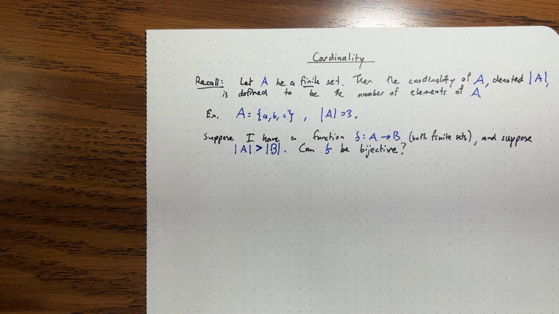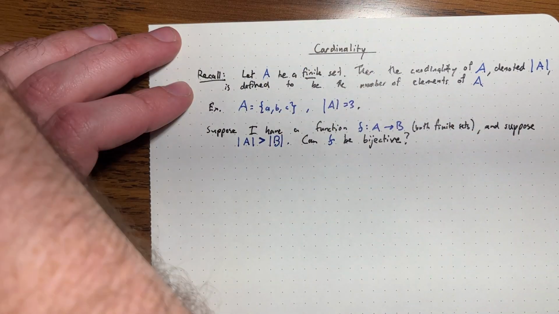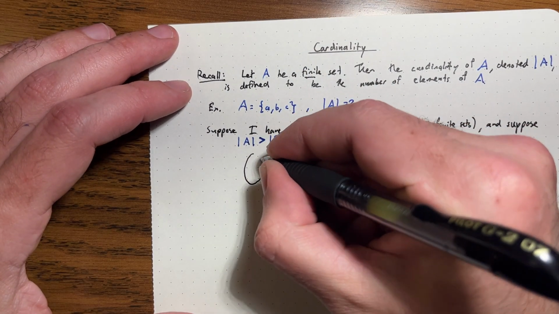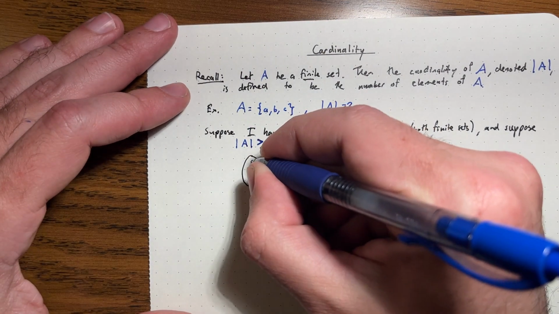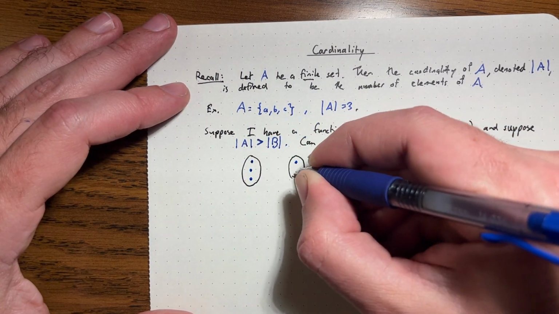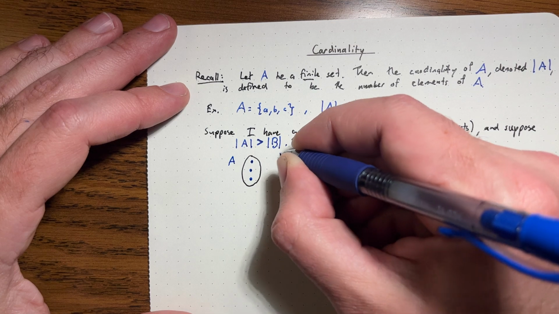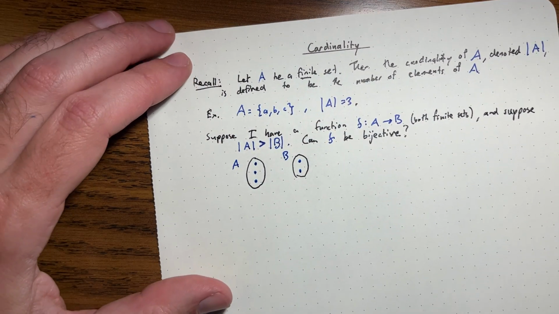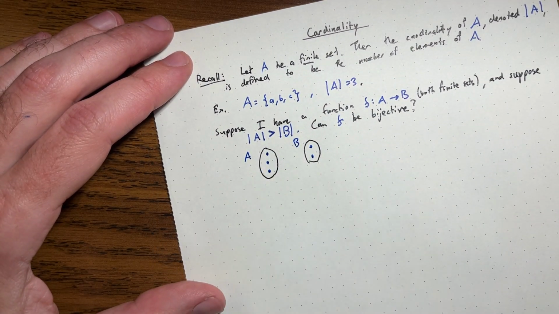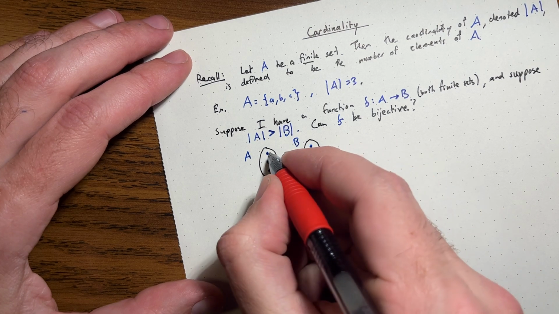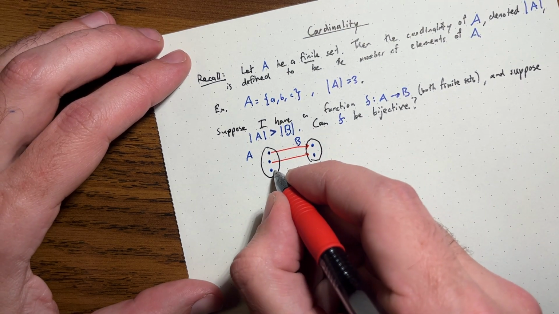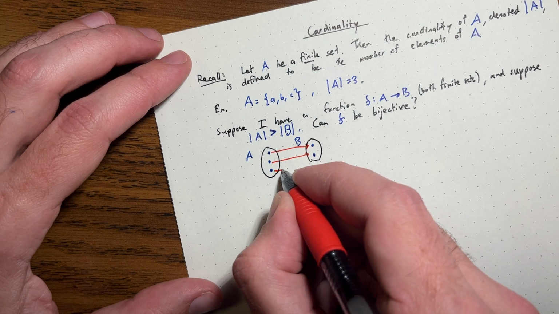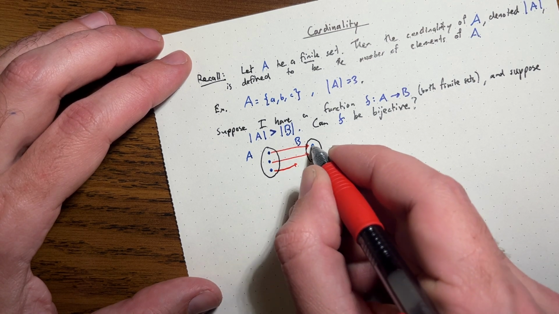Well, you might feel like the answer is no. But let's draw a picture here. So let's say we have A and B. So A is a larger set. So let's say A has 3 elements and B has 2 elements. Here's A, here's B. And let's try to draw a function. So we need to start with everything in A and go somewhere. So go there, and then we can send this one there. And all of a sudden we have an element where we can't really send this to either of these, right?